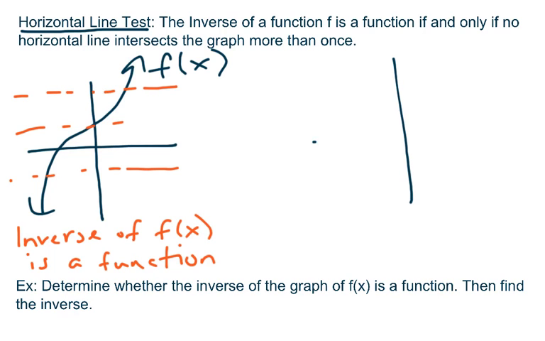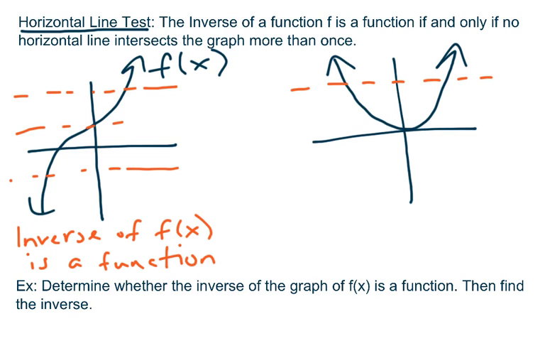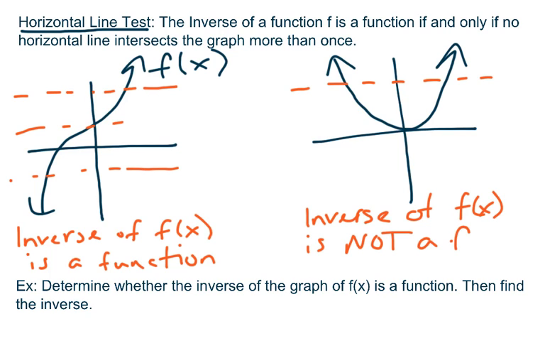Now, likewise, if I have one like this, a parabola or something like that, if I run a horizontal line across this one, what you can see is that I cross the parabola more than once. What this tells me here is that the inverse of f of x is not a function.